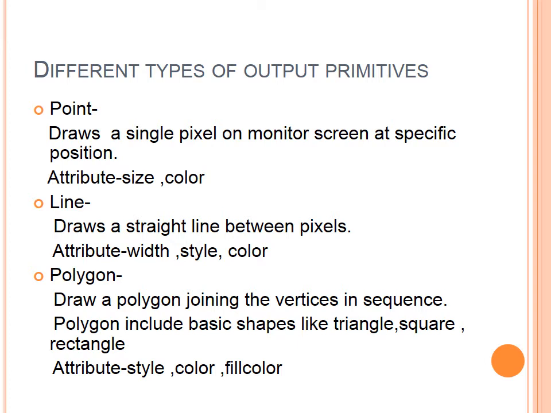Next one is a polygon. A polygon is drawn by joining the vertices in a sequence. For example, triangle, square, rectangle are polygons. And the attributes are style, color and fill color.